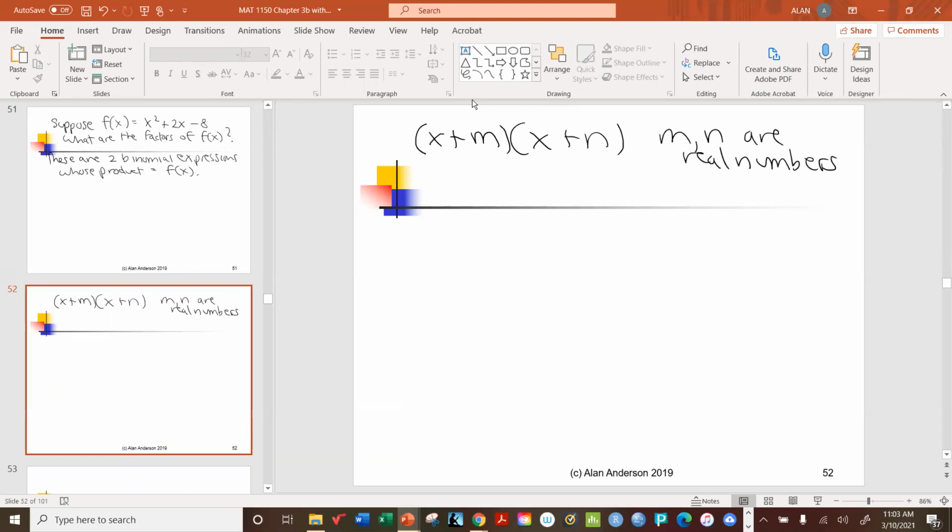By using our old friend FOIL, which nobody forgets about, F, or first, is here.